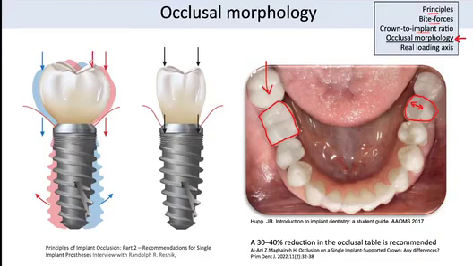If you look here, the dimension between the cusps here is the same here, but the peripheral area of the teeth has disappeared. So it is interesting to discuss what is the occlusal table, what is the occlusal face.